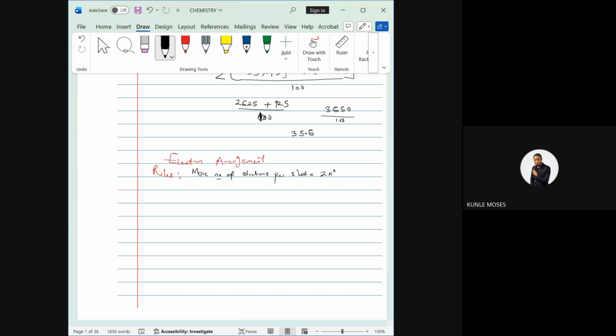And the shell will fill from the lowest energy to the highest energy. So the filling of shell or orbit starts from the lowest energy level to the higher energy level.